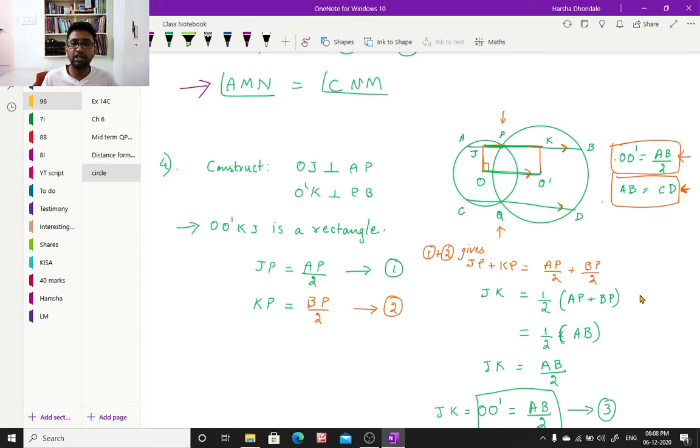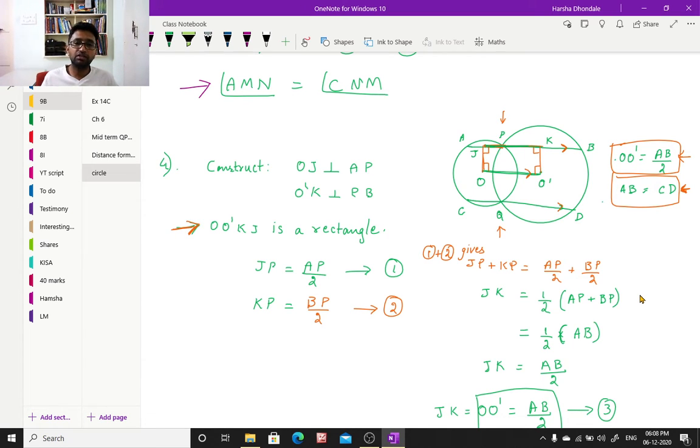So this also will be 90. That's it. So now I have OO dash KJ, which is a rectangle.